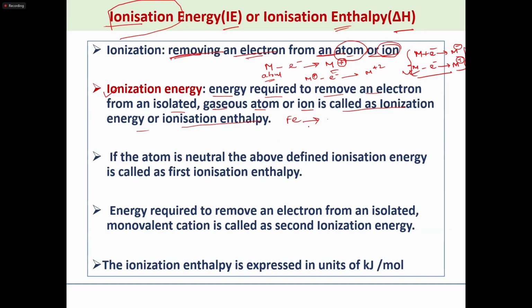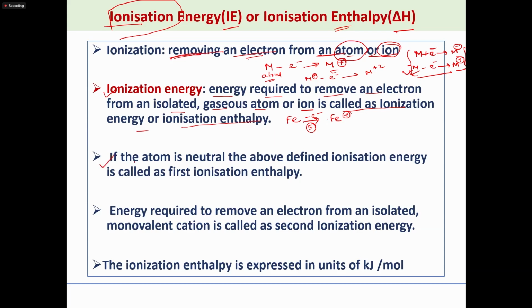So we have to put in a sufficient amount of energy, then it will remove one electron and become iron plus. So to remove one electron from the valence shell or outer shell of an isolated gaseous atom, we need some amount of energy, which is called ionization enthalpy or ionization energy. That is denoted by delta G or IE.